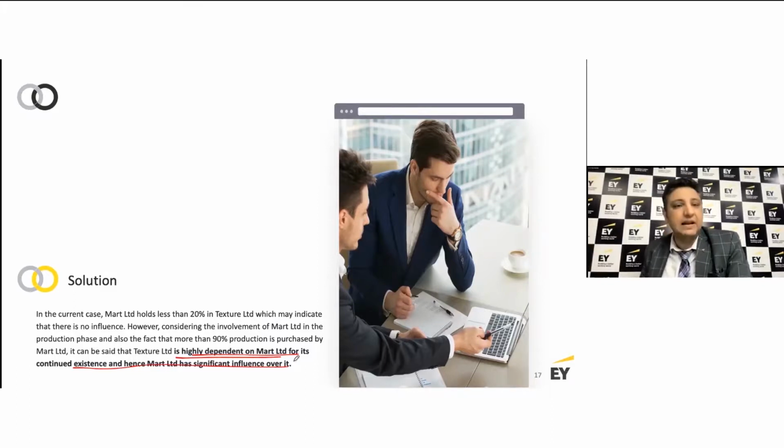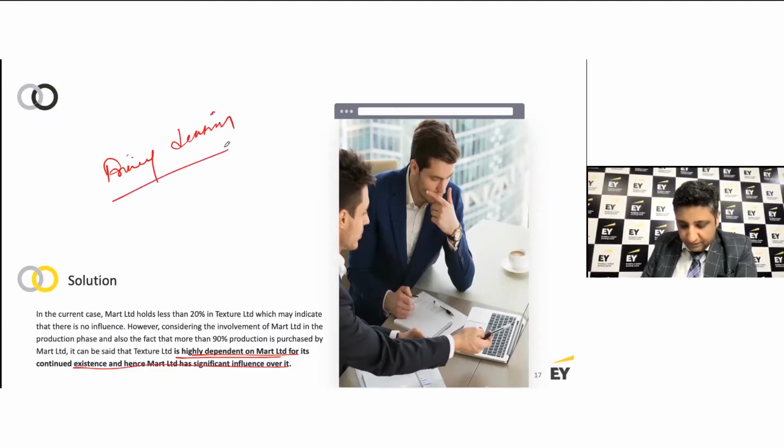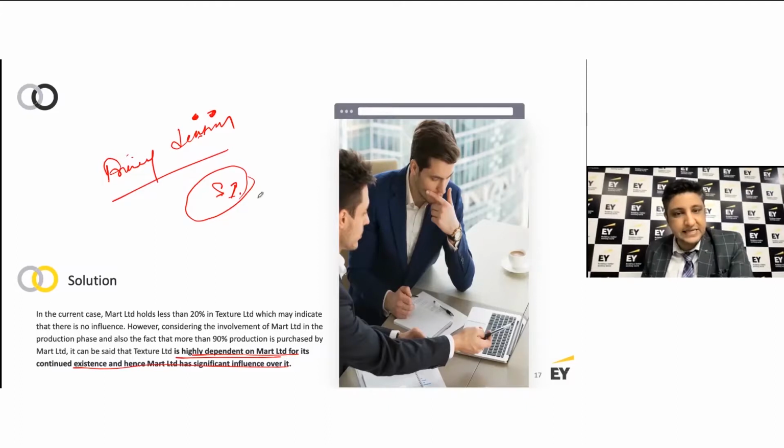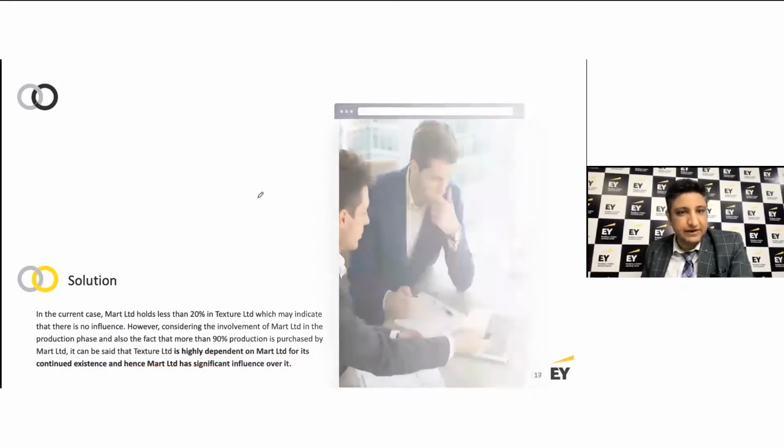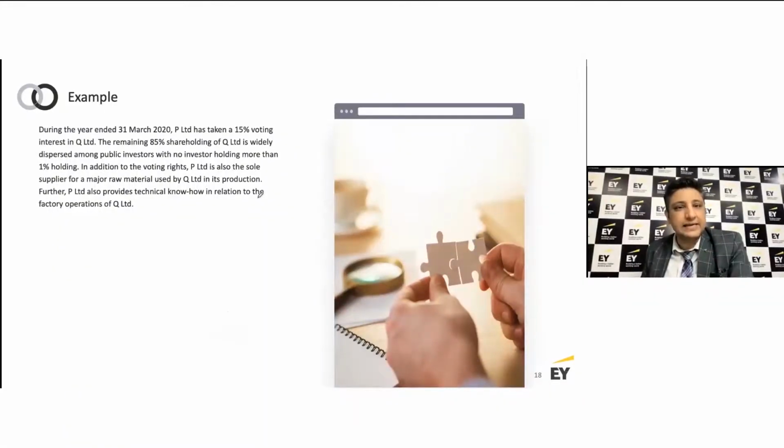Mart Limited can very well suggest changes in pricing, and very likely Texture Limited would have to simply accept what is offered by Mart Limited. So that's how you start looking at the influence on the pricing decision. So there's a very clear indication of the presence of significant influence in this case as well, right? So in many examples we see that even if it is less than 20%, very likely it falls in the context of significant influence. Okay, let's have a look at yet another example.